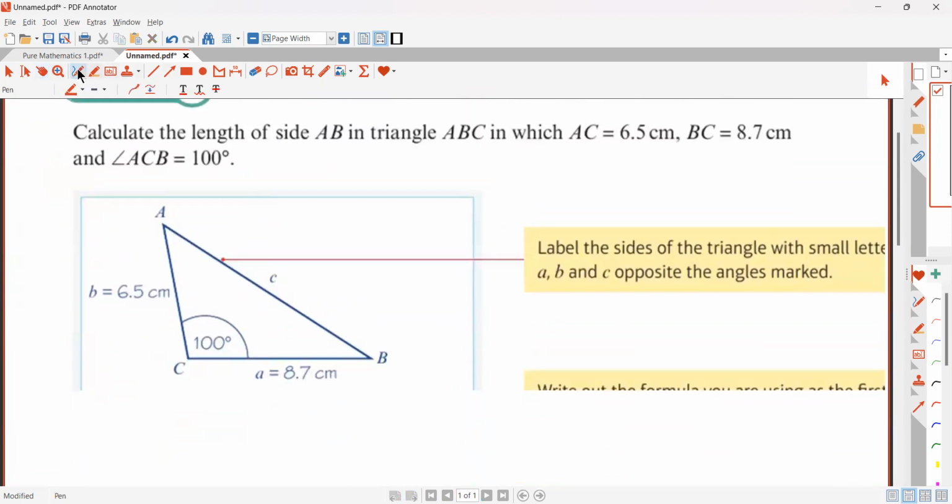So what formula can we write here? Opposite of the angle, what is it? C, right? C square equals A square, that's going to be 6.5 square, plus B square, that is going to be 8.7 square, minus 2 into A into B into cos 100. Is this understood?